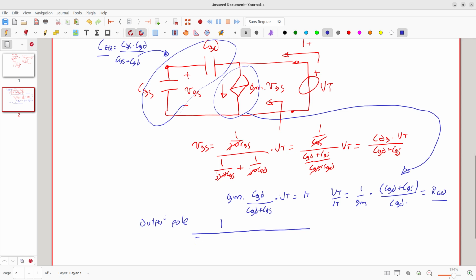This equivalent resistance is 1 over GM times CGD plus CGS divided by CGD. This will be in parallel to R out, multiplied by the total capacitance that we have.